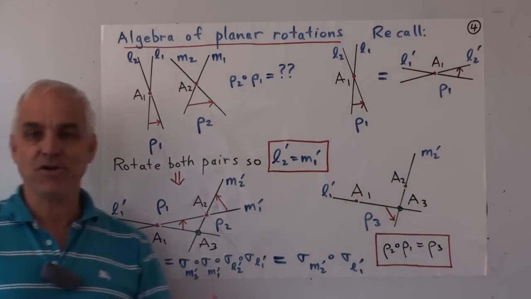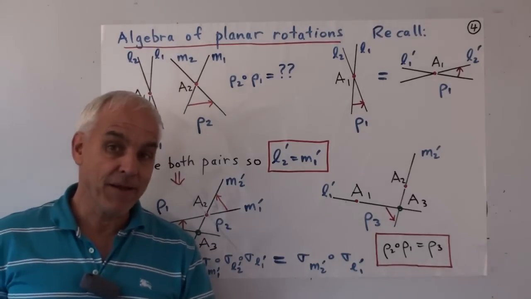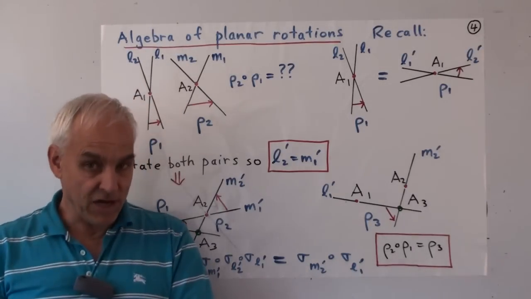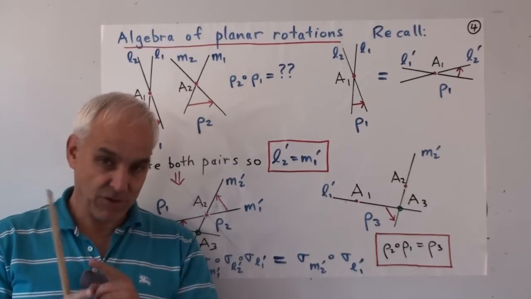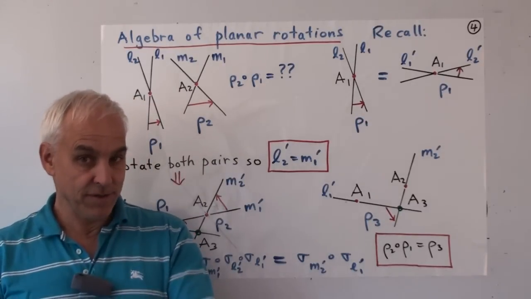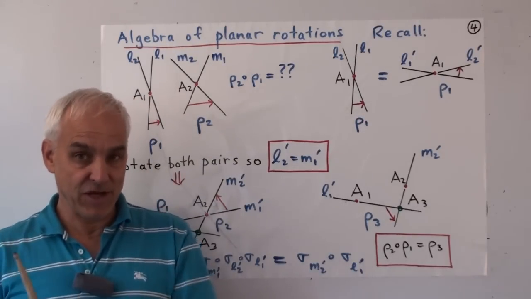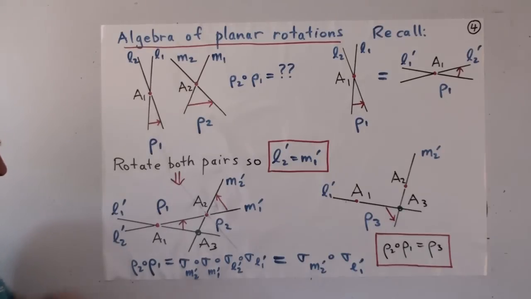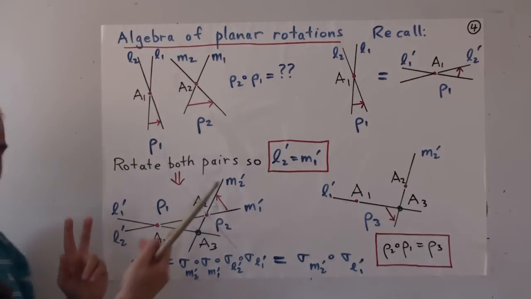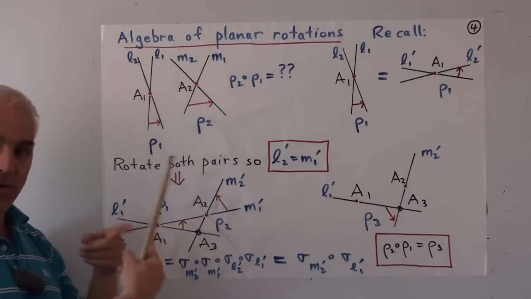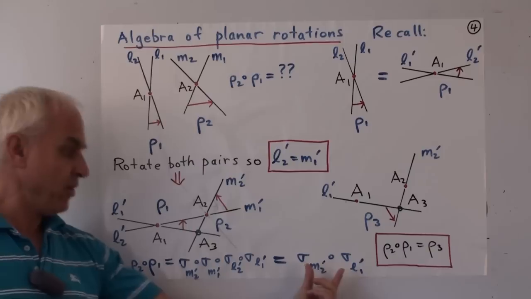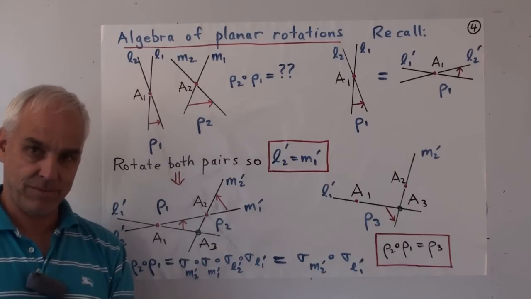So this is a calculus, or way of computing with planar rotations, purely geometrically in terms of pairs of lines that encode the rotations via reflections. You move the pairs of lines around so that the middle two agree, and then they disappear, and then just the outer two determine the new rotation.